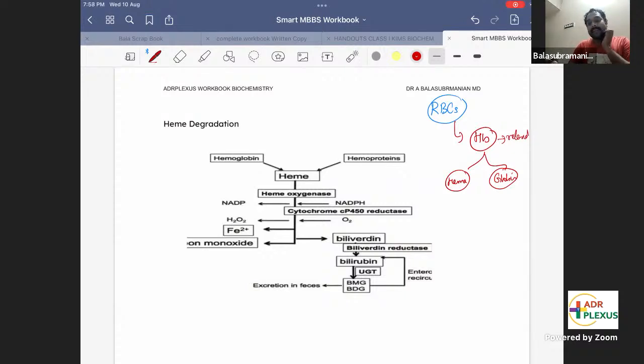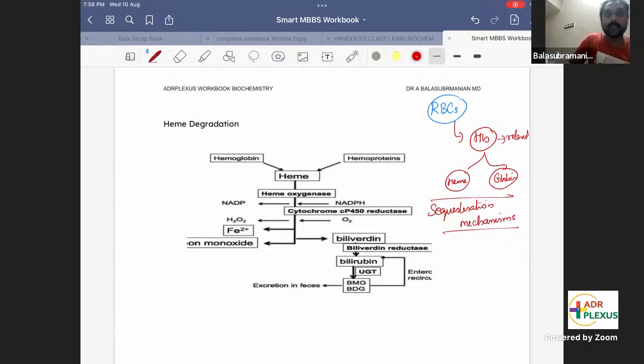But the body is very, very sensitive. The body does not like to lose the components of the important protein hemoglobin. So what it has is something called sequestration mechanisms. So it sends across two proteins.